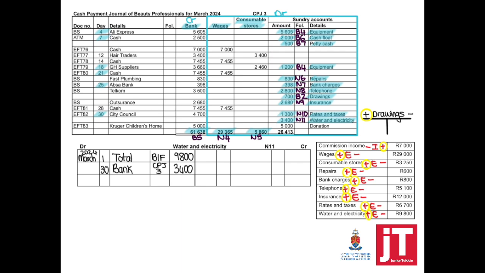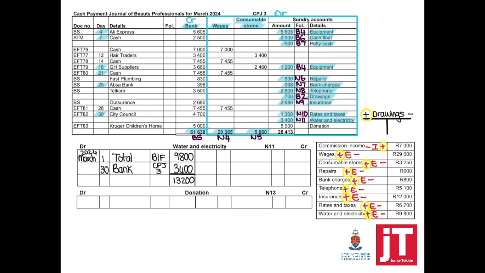Now you would notice there is no donations, but yet I've got a donation in my CPJ. Doesn't mean that I'm going to exclude that. I need to take it to the general ledger, which means this will now be my account number N13.